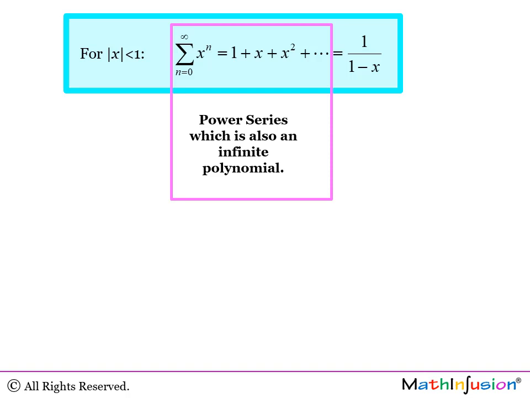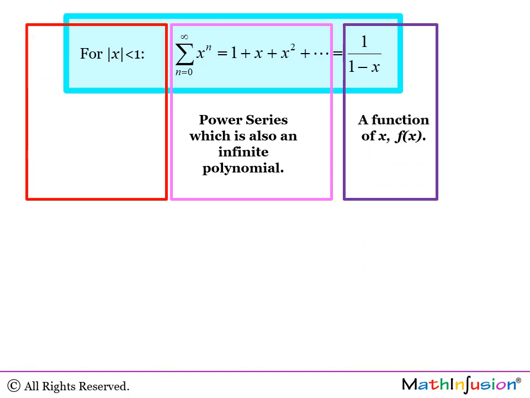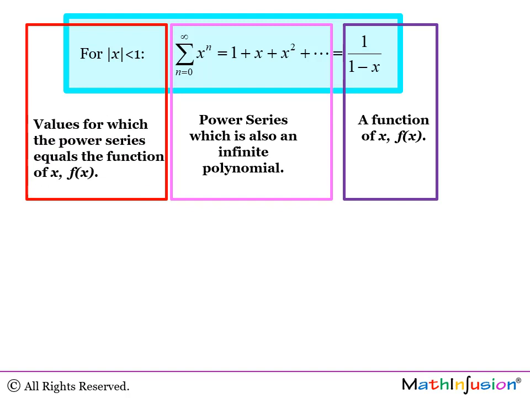This is a power series which is also an infinite polynomial. This is a function of x. And here we have a description of the values for which the power series equals f of x.